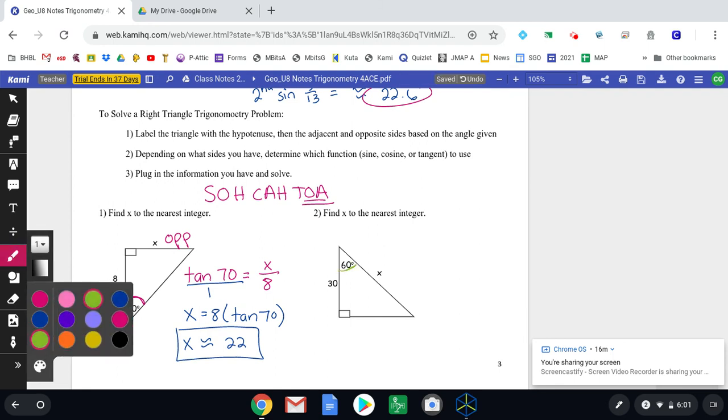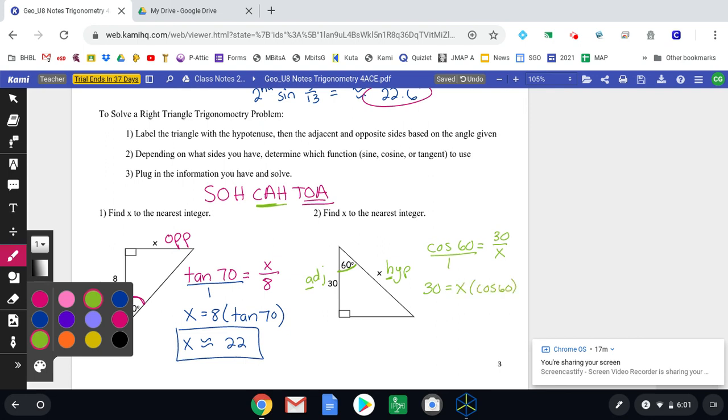So here's my angle. Right here, I have my adjacent side. I have my hypotenuse. So if I have an A, I have an H, I use my cosine. So cosine of 60 equals my adjacent over my hypotenuse. Again, I'm going to cross multiply. This time when I cross multiply, I have 30 equals x times the cosine of 60.